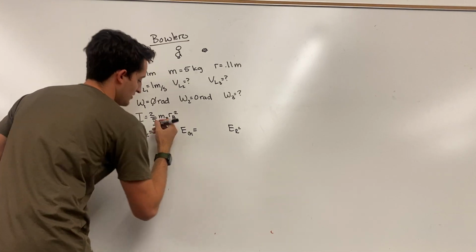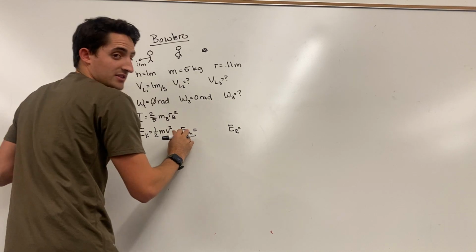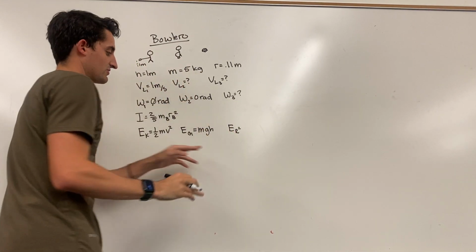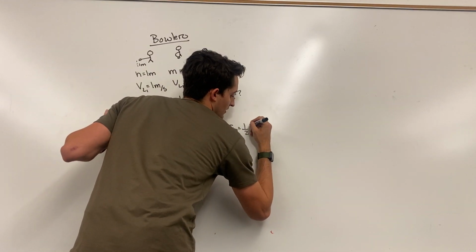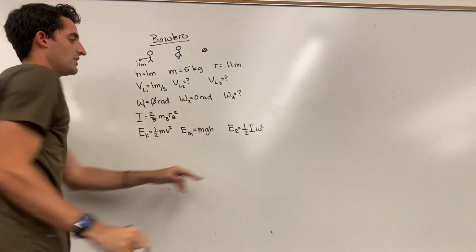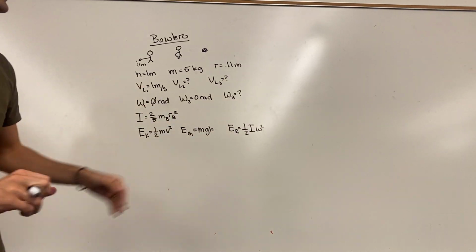For kinetic, you're going to have 1/2 times mass times velocity squared. For gravitational, it's going to be mass times gravity times height. So those are the equations right over here. And then with this one, we also have 1/2 I omega squared. So that's what we've been given right now.